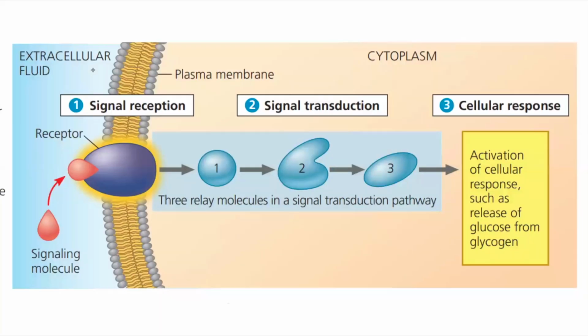Okay, so how do signals kind of work? You've got one cell and it's receiving some kind of a signal, and then it's got to do something with that signal. And there's always 3 steps to it. Your first step is signal reception. Basically, any molecule that binds to another molecule.